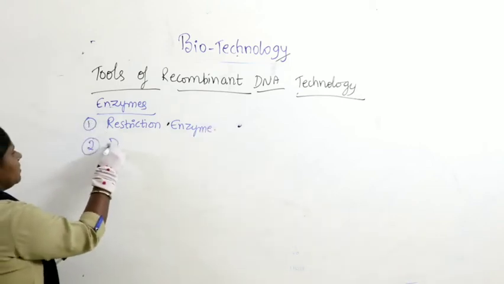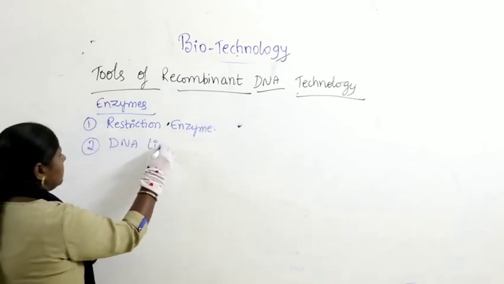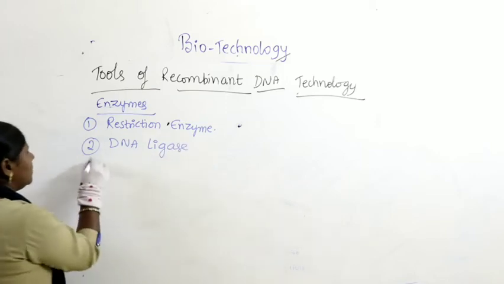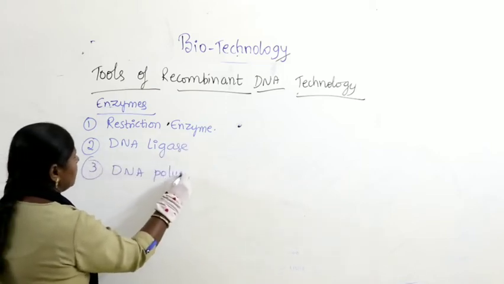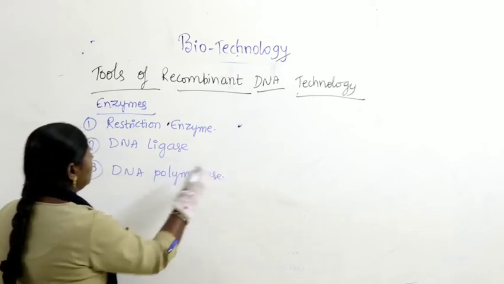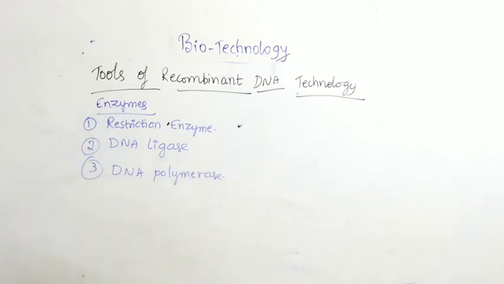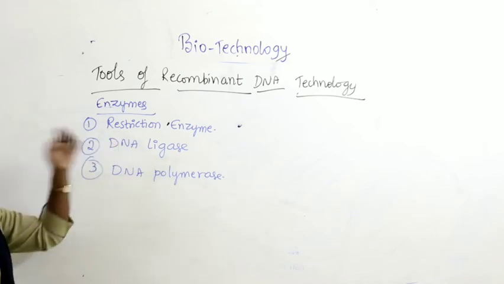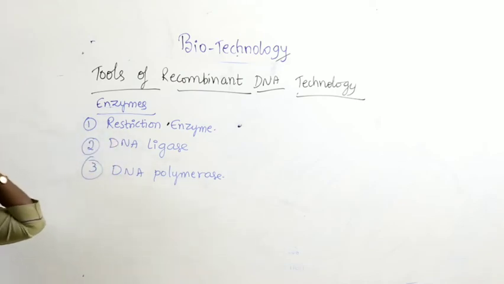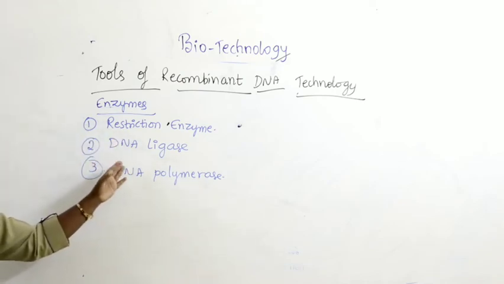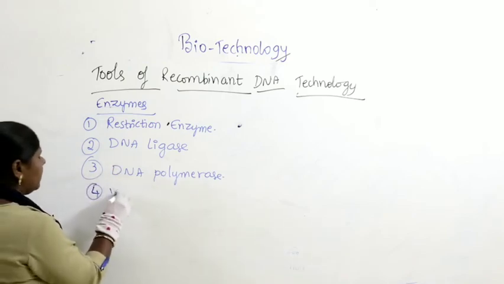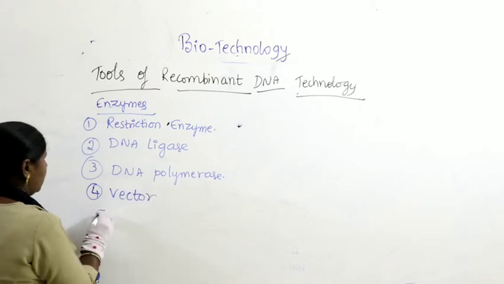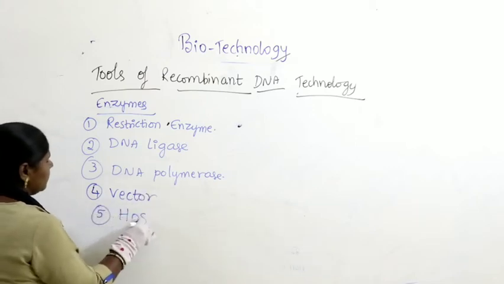The second one is DNA ligase, and the third one is DNA polymerase. What are the important enzymes we need? One is restriction enzyme, another is DNA ligase, and the third is DNA polymerase. Along with that we need a vector and a host organism.